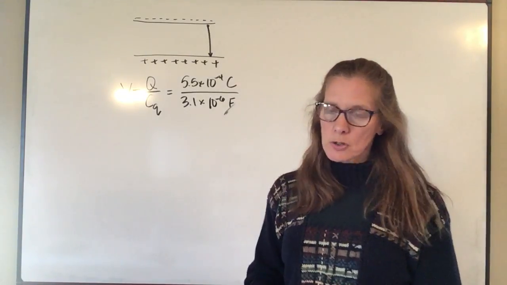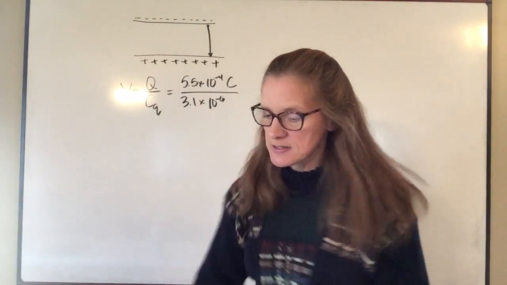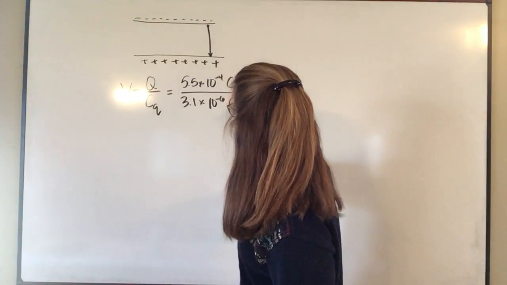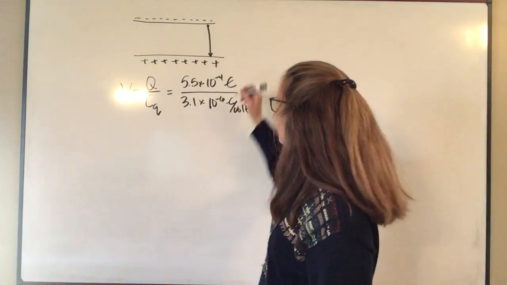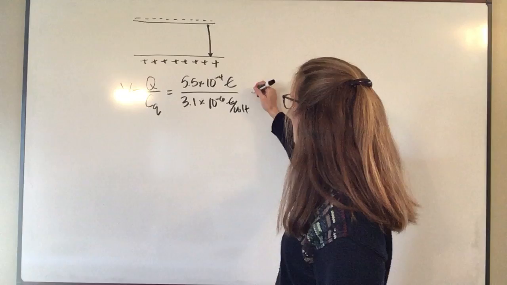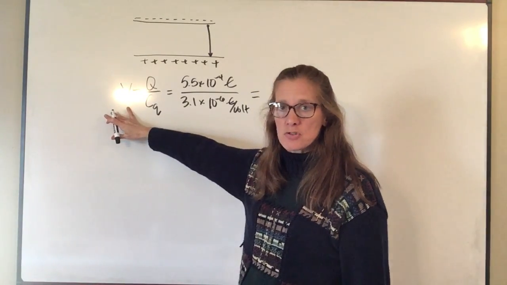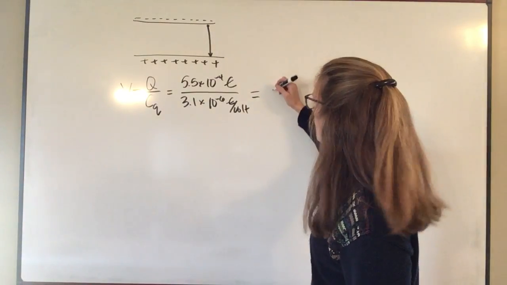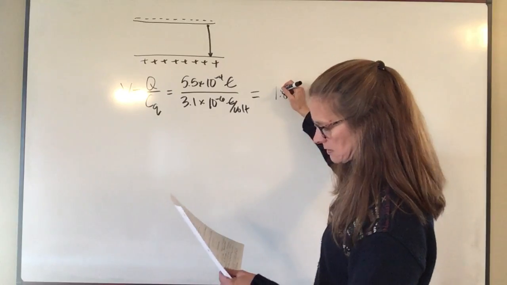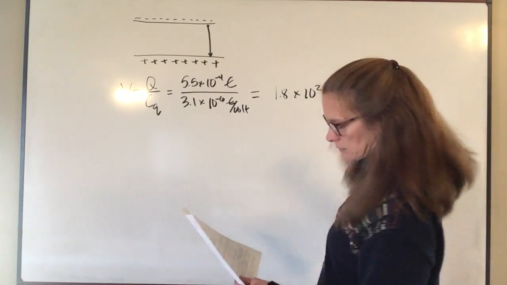And you already know then, because you should have already seen this, that a farad is the same as a coulomb per volt. And so that means that these coulombs will cancel out, and so you're going to end up with volts. And so that should be normal, because that's what electric potential should be measured in, volts. So that's going to give me 1.8 times 10 to the second volts.